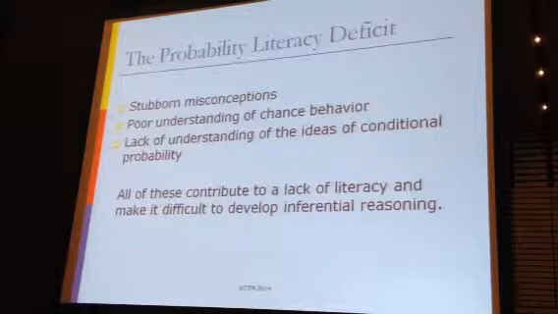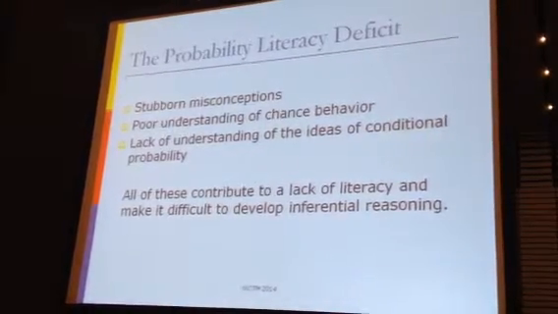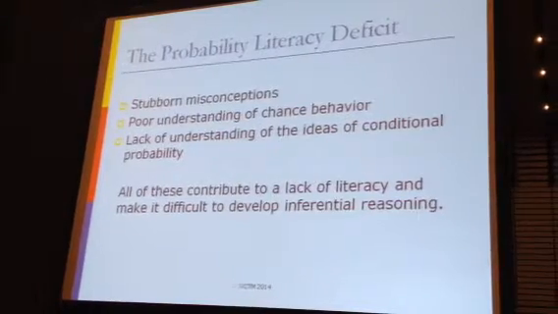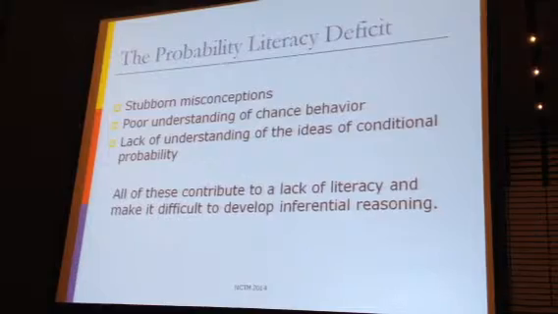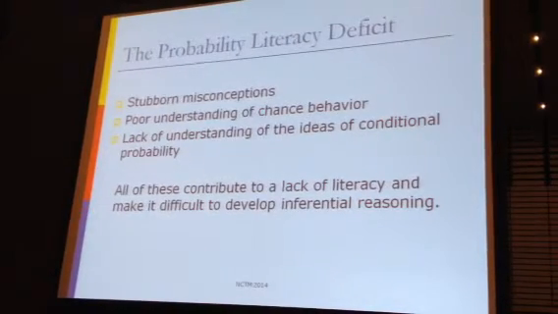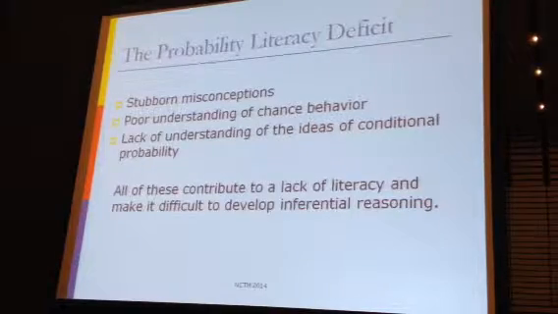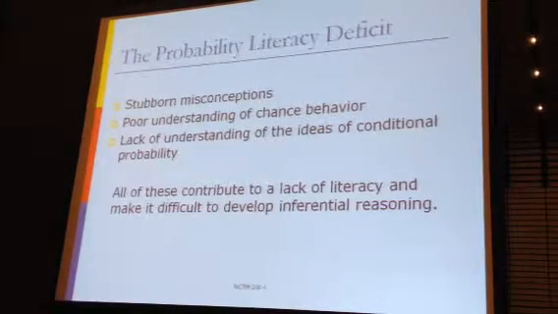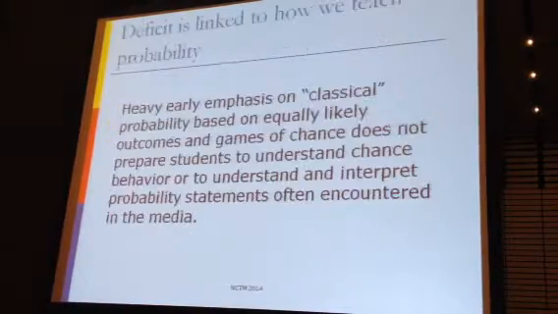And all of these, I think, contribute to this lack of literacy, and they contribute to the difficulty that teachers have when they try and introduce statistical thinking, because much of statistical thinking and reasoning is based on a good, at least a good conceptual understanding of probability. And so all of these cause lots of problems.